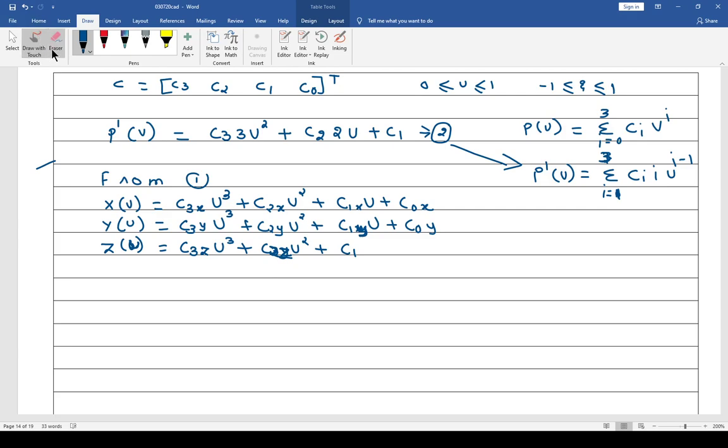So I just rewrite this again. It's very difficult to write looking at the screen, and I am writing at the bottom. So c3z u cube plus c2z u square plus c1z u plus c0z. Okay, this is what I am going to get.